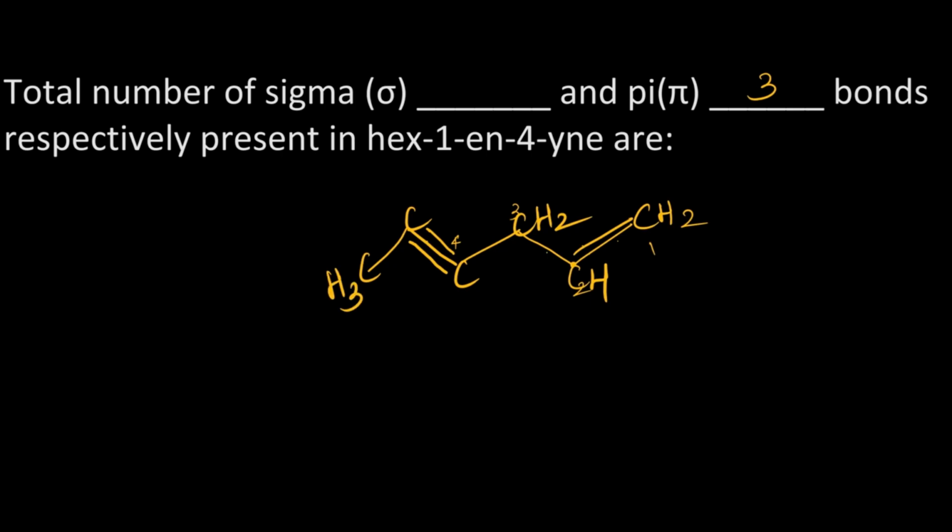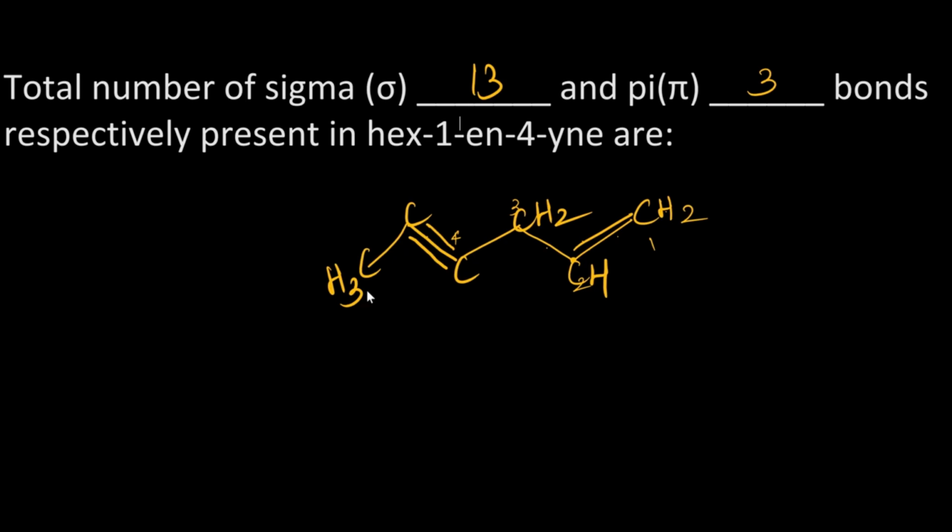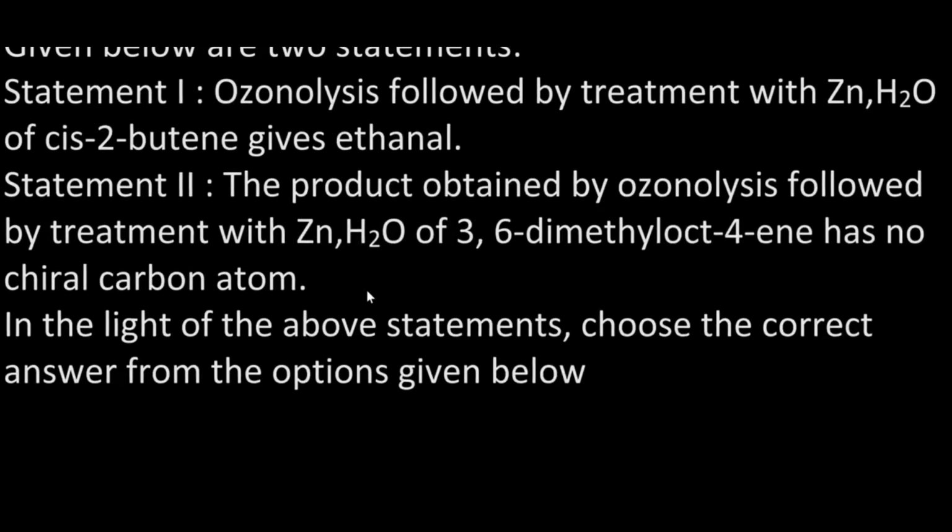So already I have 5, which is 5 plus 3, 8, then 10, 11, 12, 13. So totally 13 sigma bonds and 3 pi bonds are there. Please don't forget the hydrogens and their bonding.